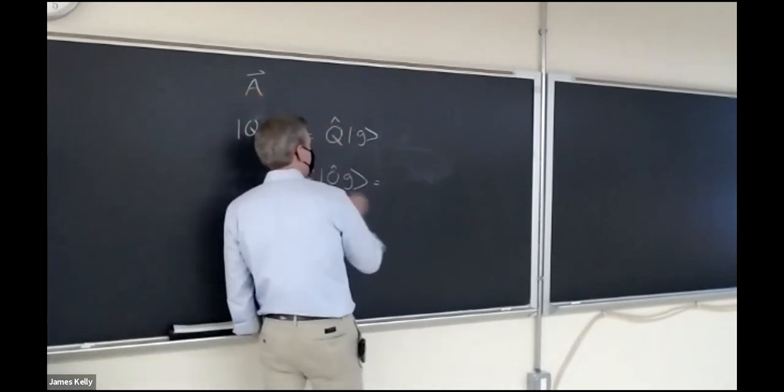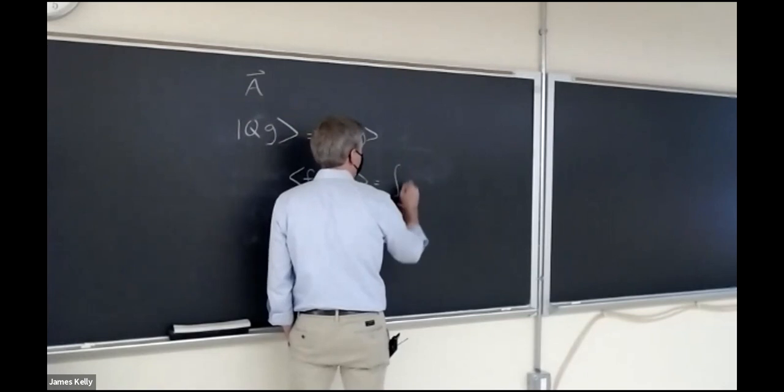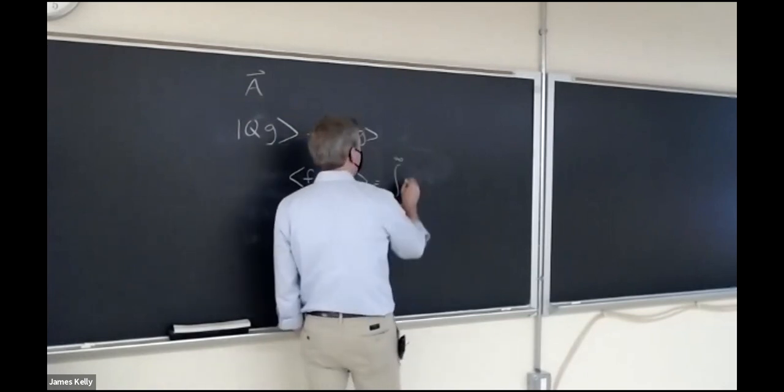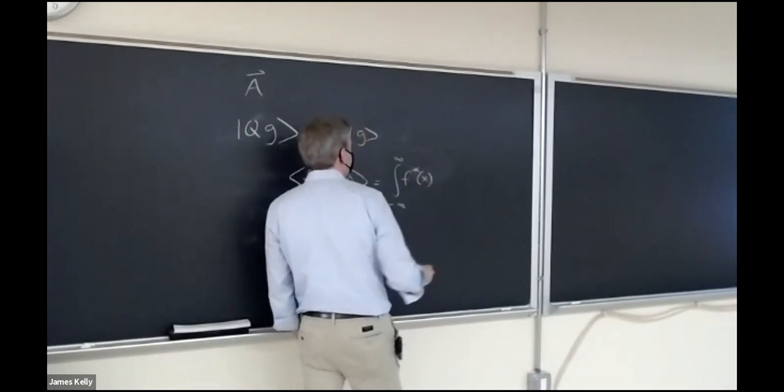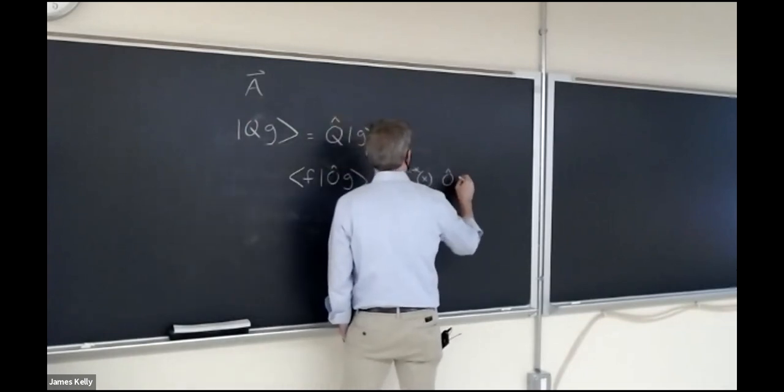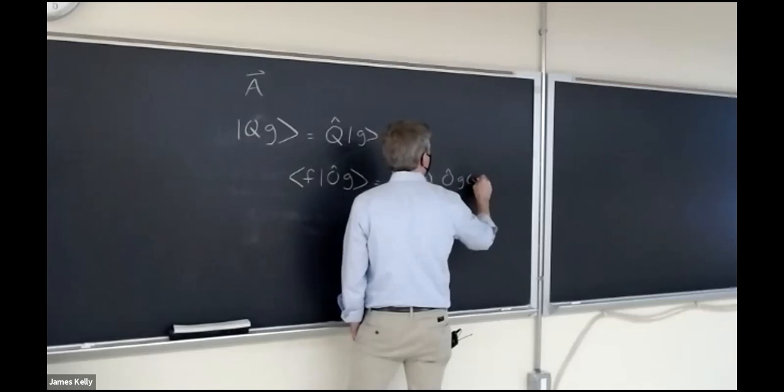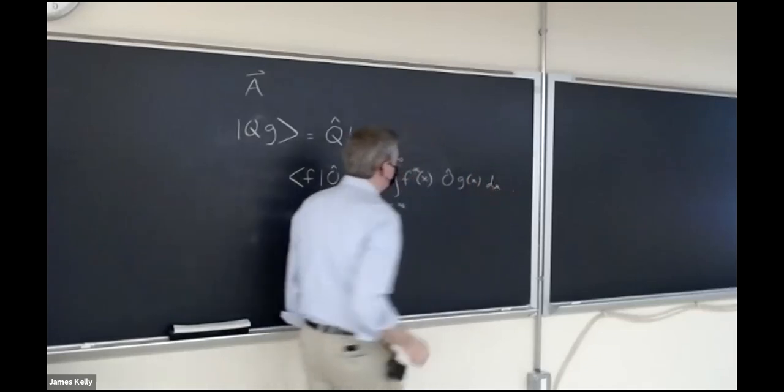We would say, oh, it's an inner product. That means integrate from X equals minus infinity to infinity, put an F star of X over here, and then put your operator operating on G of X and integrate, right?